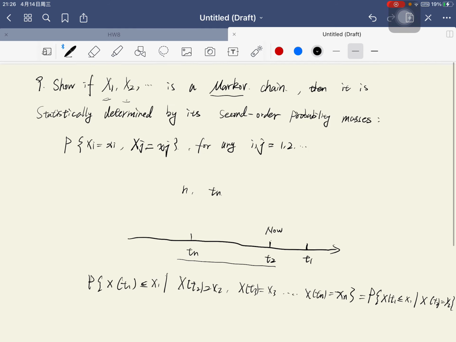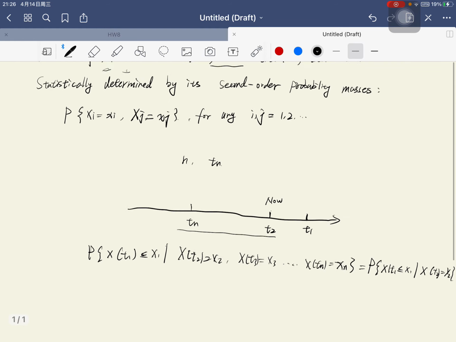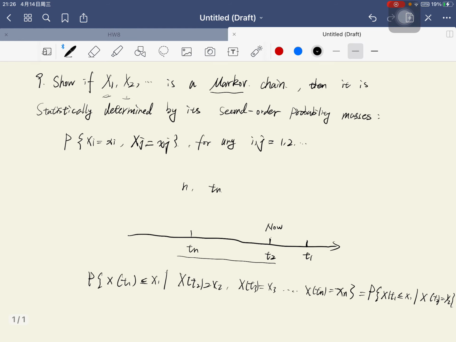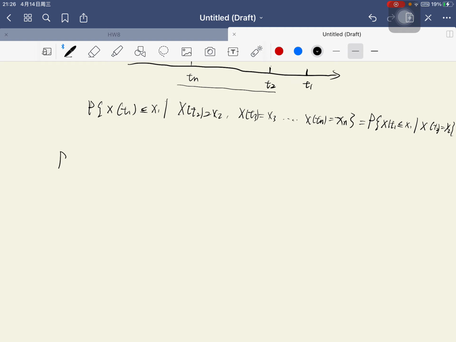And so in this question we want to prove that the Markov chain is statistically determined by its second order probability masses, and we could find the probability like in this line.